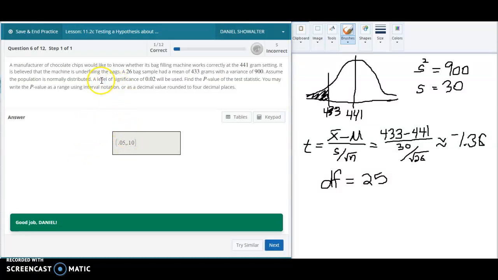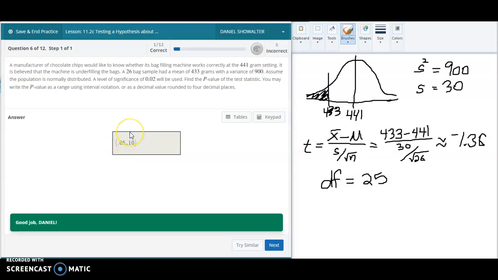If it had asked us what our decision is, we would have needed to get below 0.02 in order to reject the null. And our p-value, even though we didn't get it exactly, we know it's somewhere between 0.05 and 0.10. So if we had to make that decision, we could say that we're going to fail to reject the null, because anywhere in that range is above 0.02.